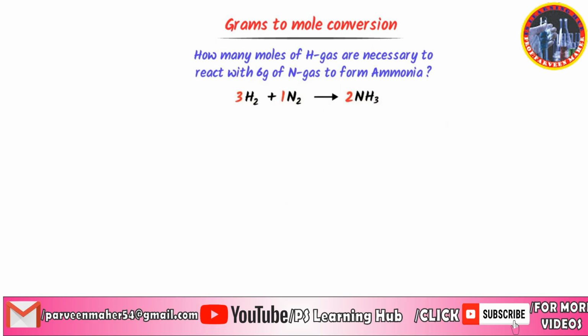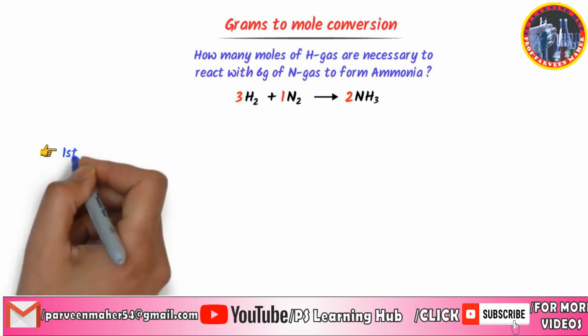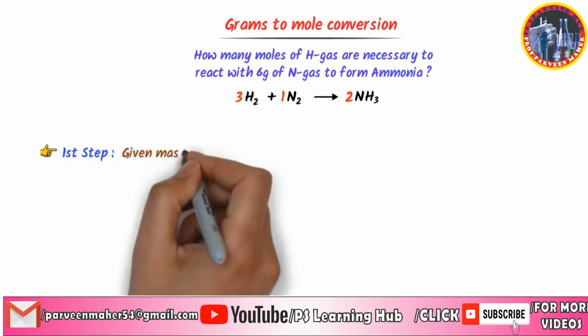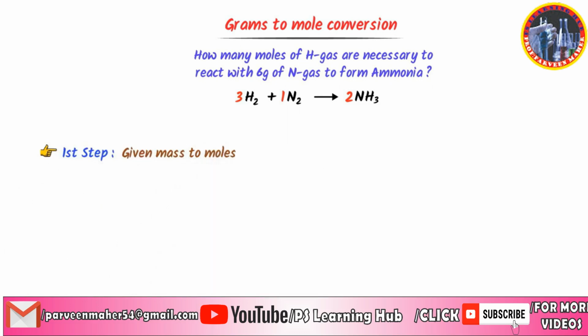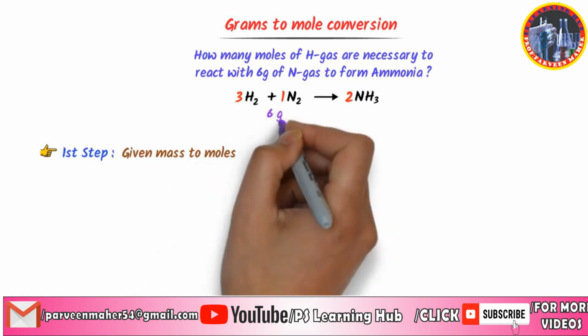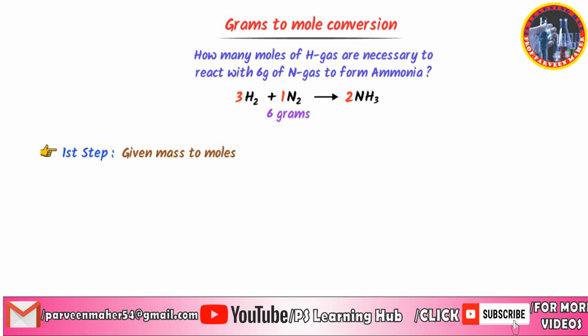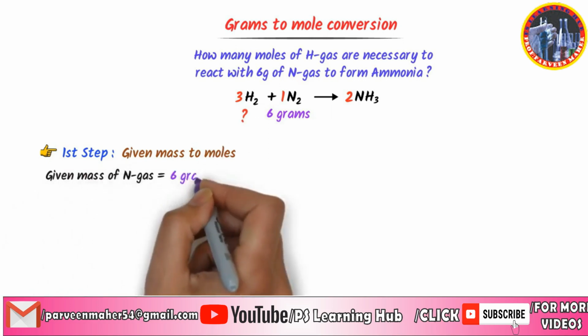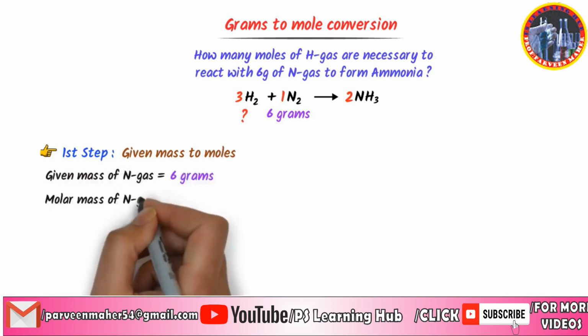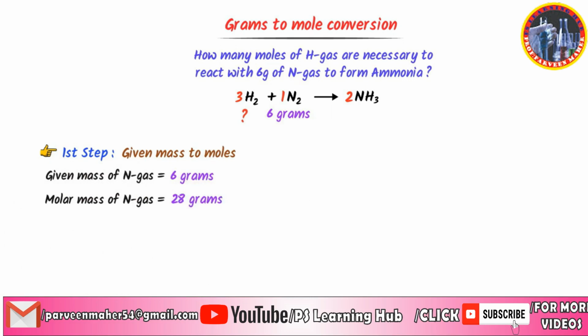To solve these types of stoichiometric problems, I follow 2 steps. In the first step, I convert the given mass to moles of the known species. For example, 6 grams of nitrogen gas is given and we have to find x moles of hydrogen gas. We know that the given mass of nitrogen gas is 6 grams and the molar mass of nitrogen gas is 28 grams.